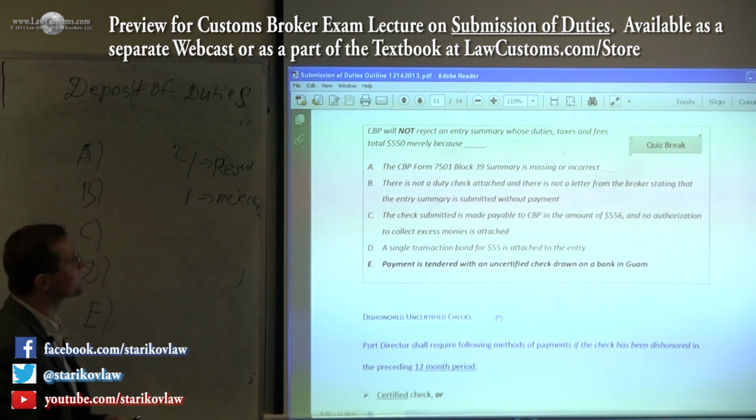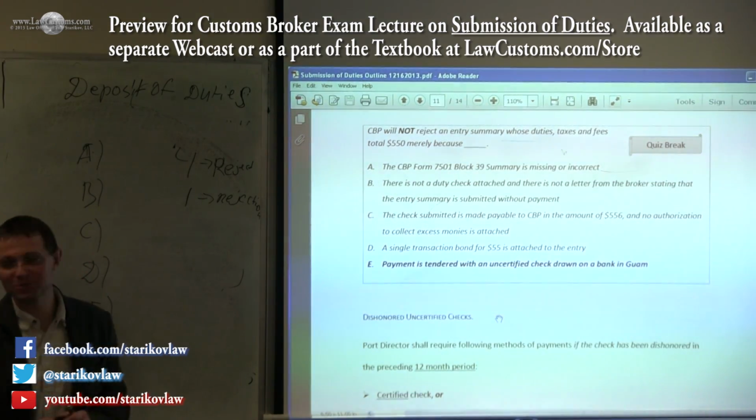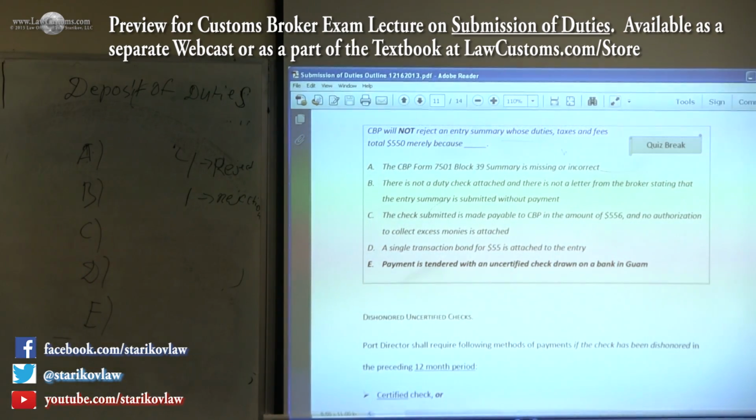So you figure it out. Block 39 of CBP 7501 is missing. What's block 39?